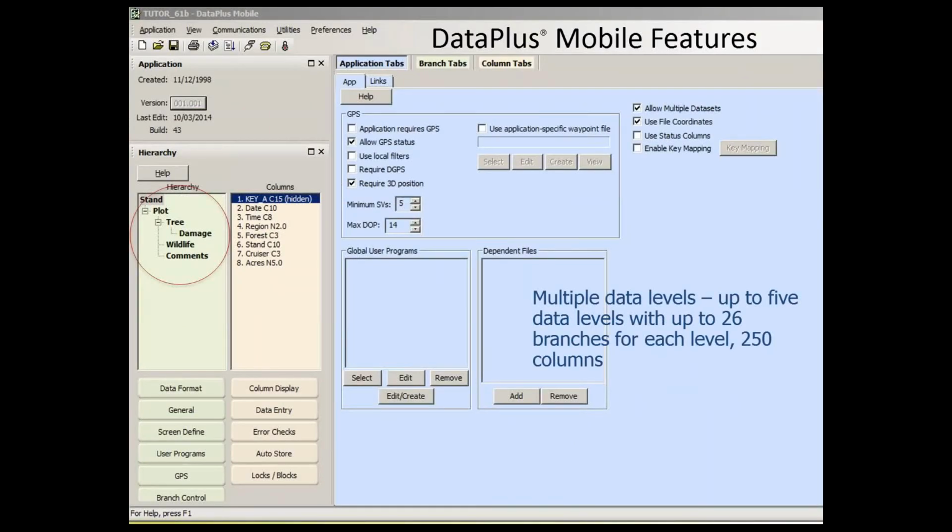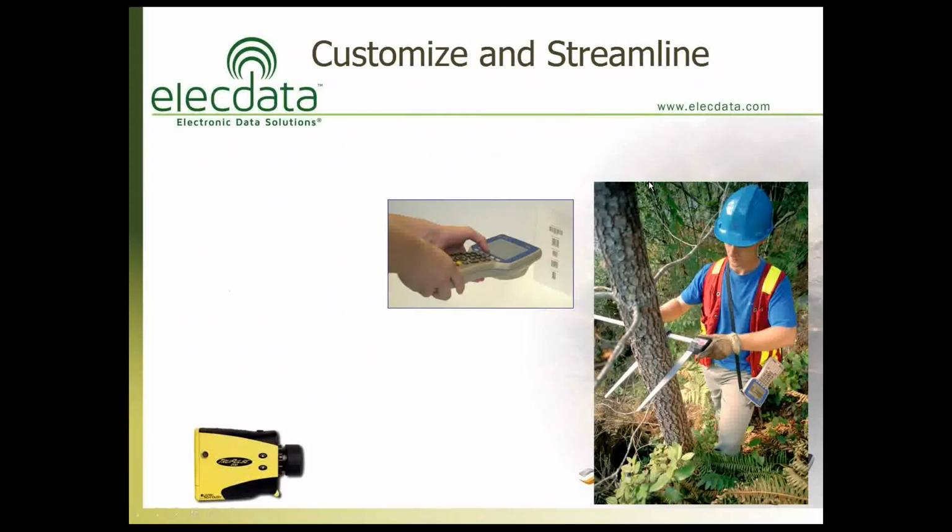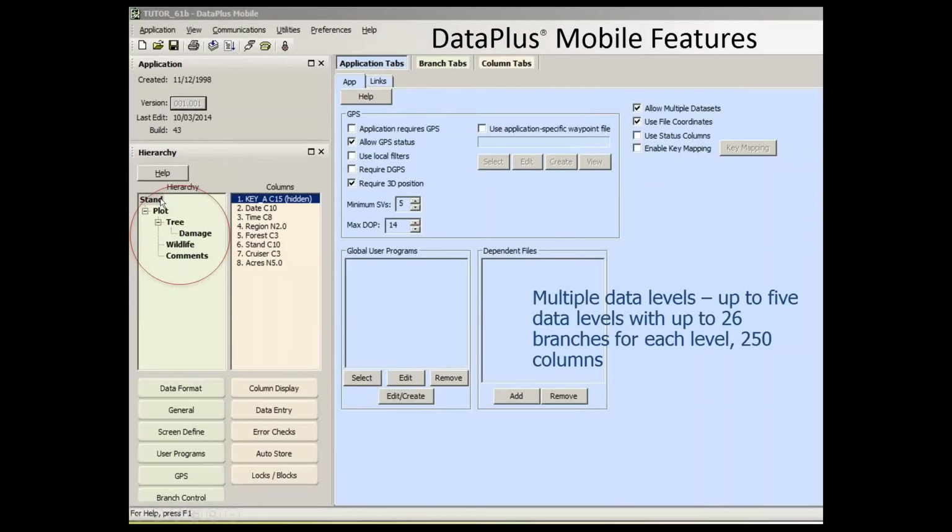So going back to the same level of showing this forestry example, DataPlus Mobile allows you to have up to 5 data levels. Each can have 26 branches for each level, and in each level you can have 25 columns of data. In fact, let me go back to that screen. So these are different levels.